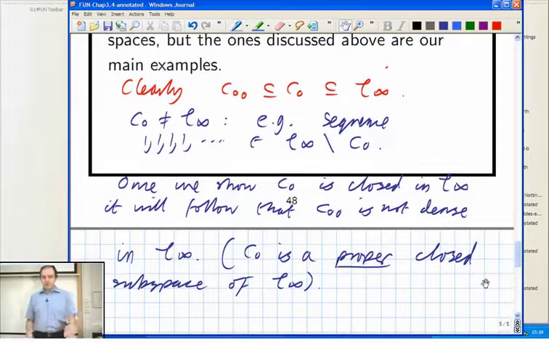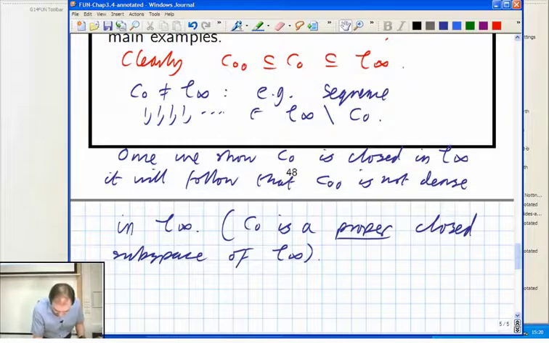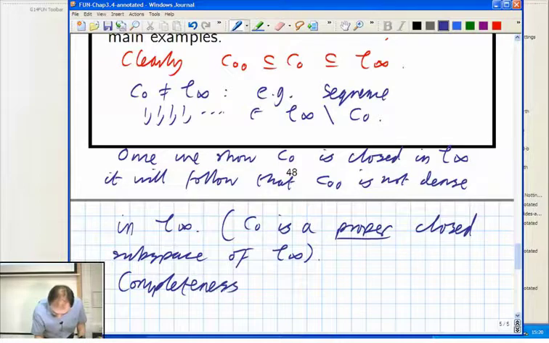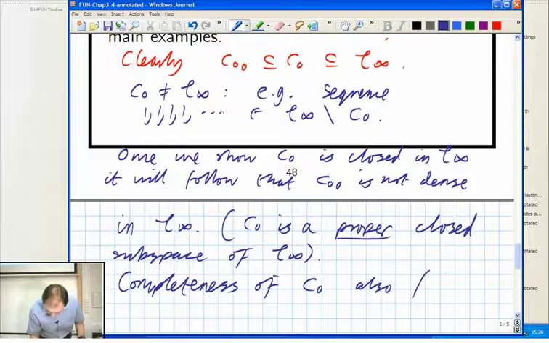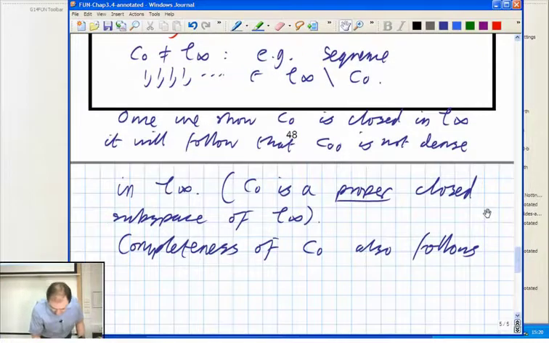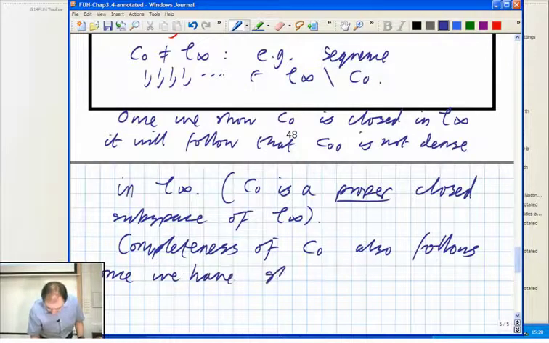So also, once we've shown that L infinity is a Banach space and C0 is a closed subspace of it, that will make C0 complete as well. So the completeness of C0 also follows once we have shown the completeness of L infinity.